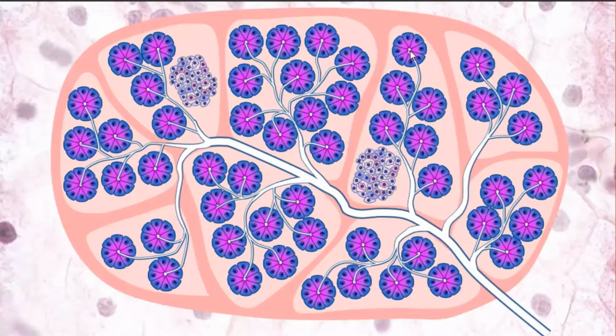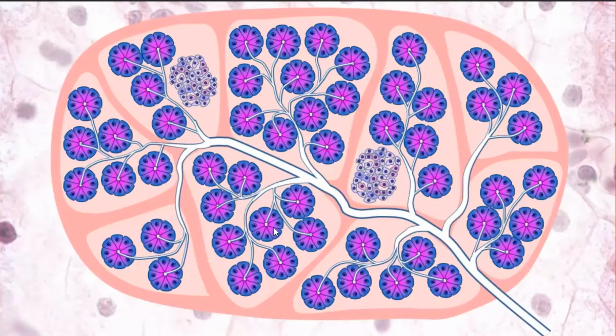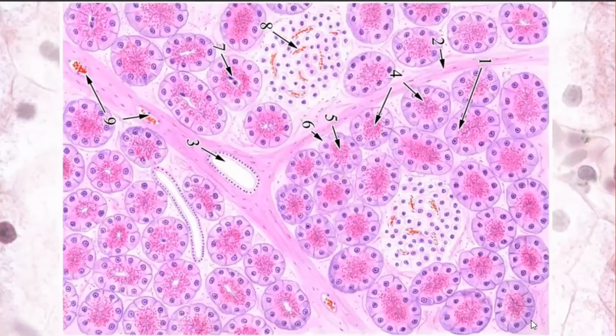So intercalated ducts, they form interacinar ducts, and the bigger there are intralobular ducts. And intralobular ducts, they exit from the lobules, and they are called interlobular ducts, which are between the lobules, and they form common duct of pancreas, interlobular ducts, and common duct, which is opened into the duodenum.